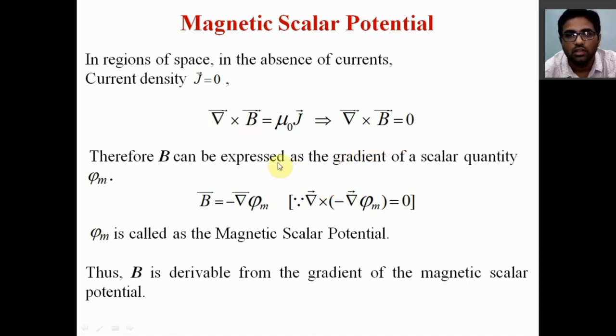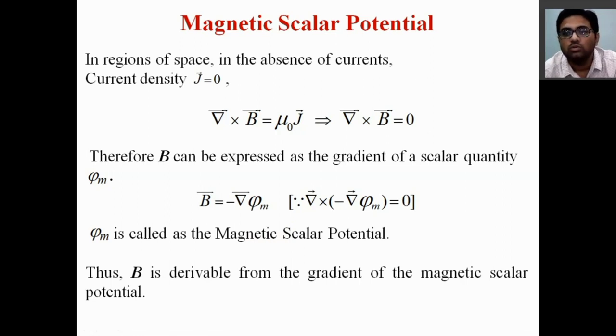Therefore, magnetic field can be expressed as minus of gradient of a scalar quantity called phi m. The minus sign is considered because the scalar quantity phi m decreases along the direction of the magnetic field. This scalar quantity phi m is called magnetic scalar potential. Thus, magnetic field is derivable from the gradient of magnetic scalar potential.